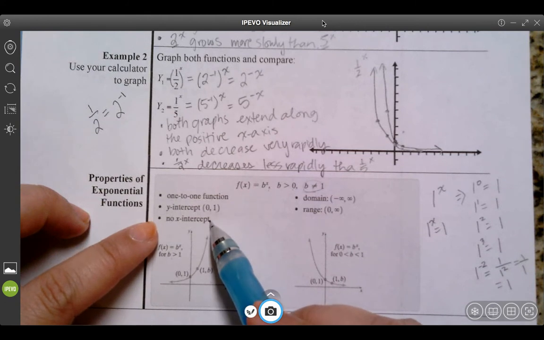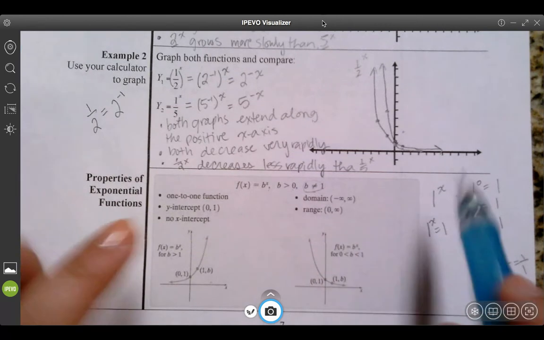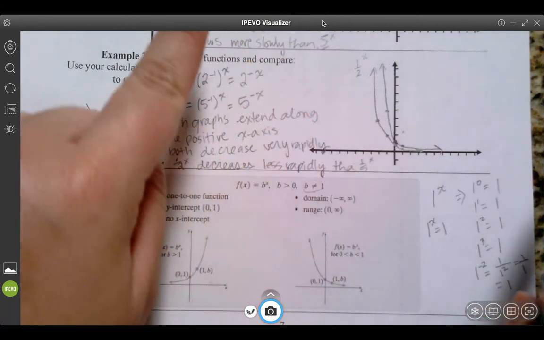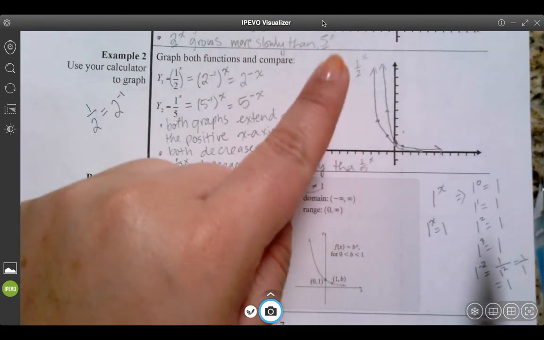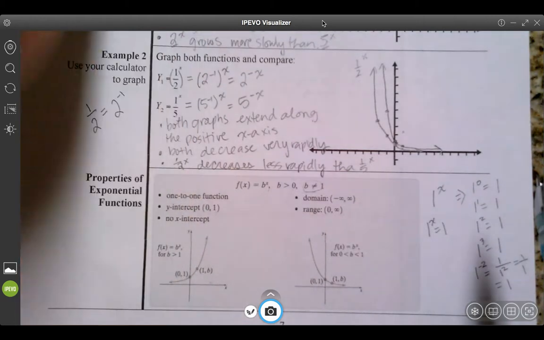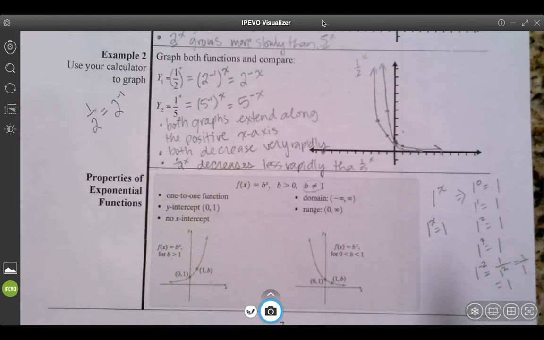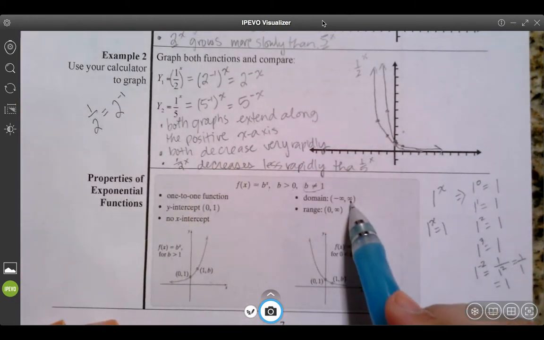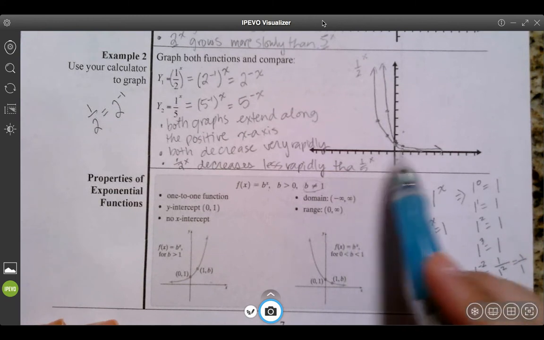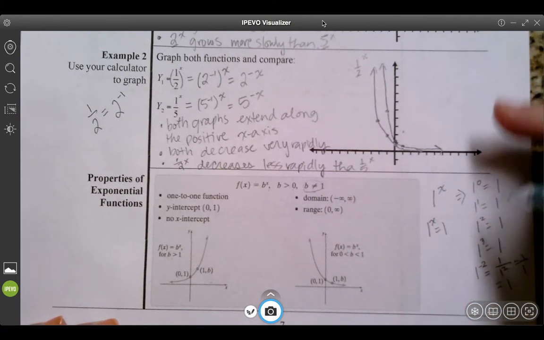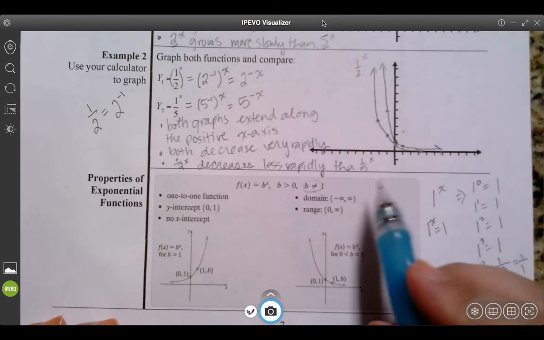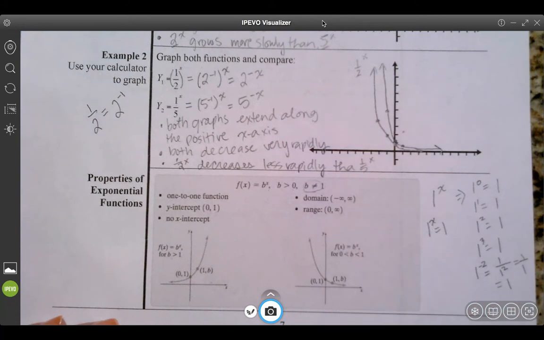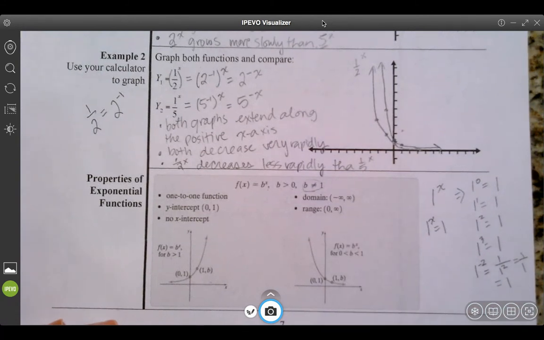None of our functions that we just graphed had an x-intercept. They all continued forever in both directions. Even though it grows very fast, it keeps going and going, and it never stops. Therefore, its domain is from -infinity to infinity. And the entire graph was above the x-axis, and therefore the range is from 0 to infinity. So those are some of the properties of these exponential functions.